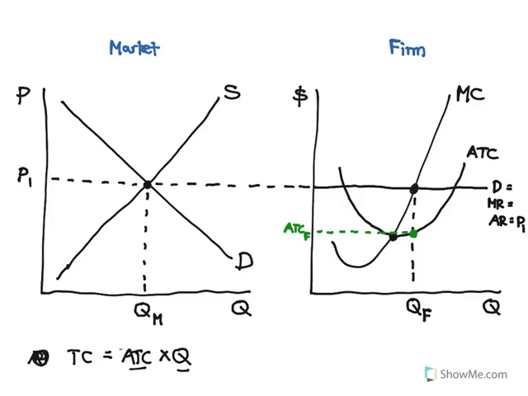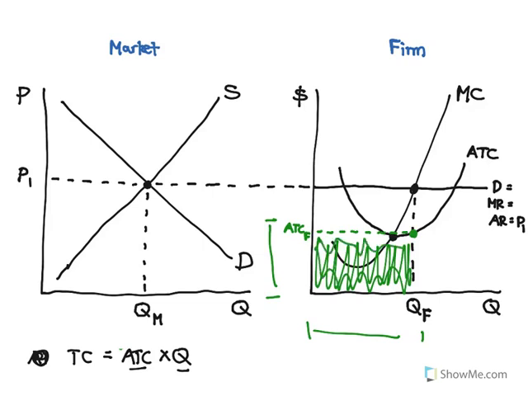And so it's going to be that area, the base, this distance, times the height, this distance. And it's going to be this area right here. So that green area is total cost. I took my average total cost times my quantity. That area is total cost.